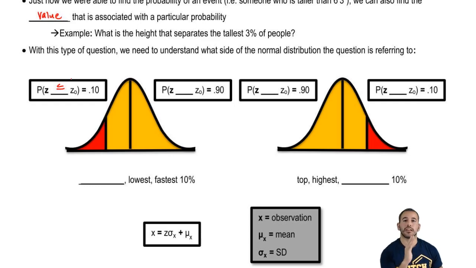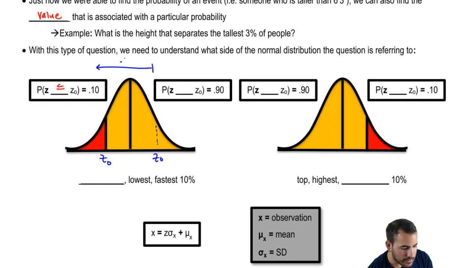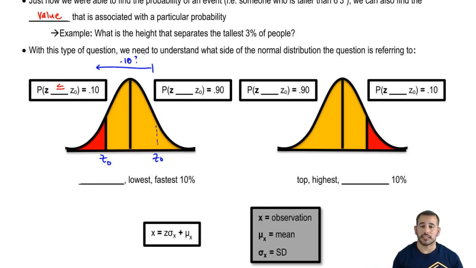So from this number and lower has to be 10% of the distribution. Now can that be on the left or the right? That has to be on the left, and the reason for that is because if it was on the right, so for example, here's where it should be, but if it was over here, can this area all the way down be 10%? No, right? That doesn't make sense.